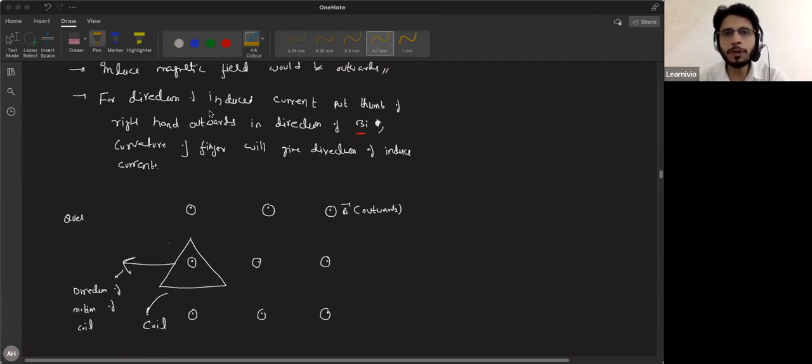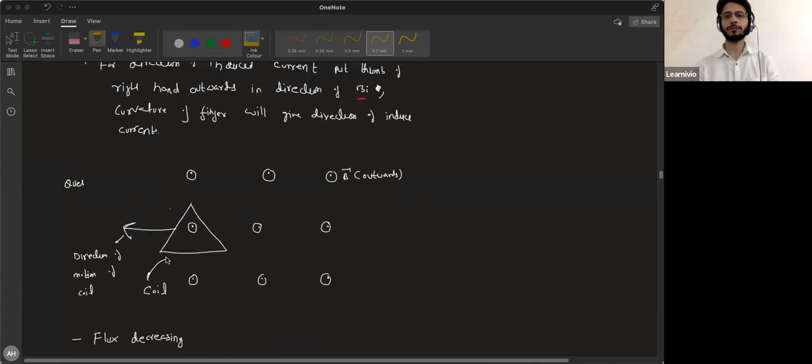What is happening with the flux, Nabil? Is the flux increasing or decreasing, Nabil Khan? What happens with the flux linked with this triangular coil? Sir, decreasing. Flux is decreasing. It's going out of the magnetic field, so the flux is decreasing.